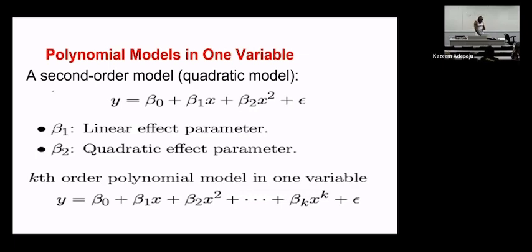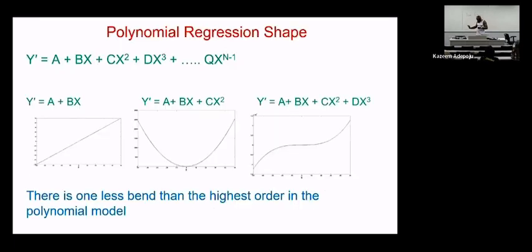Now take a look at that. I want to work on the theory of a polynomial model in general. We want to look at the shape of a polynomial model. Now, when you take a look at the first one, that's a linear, right?